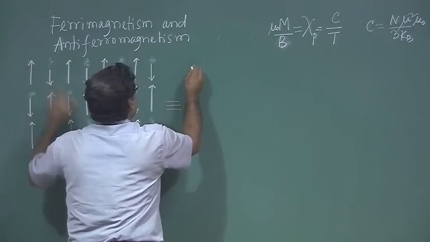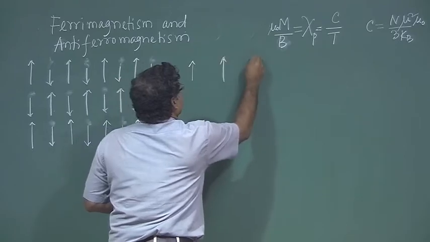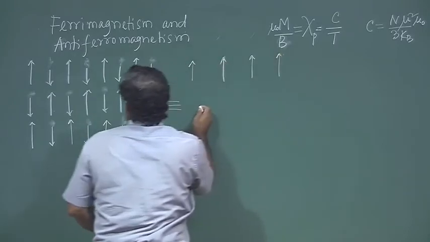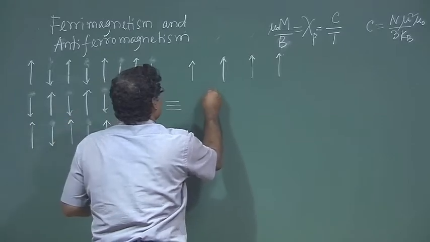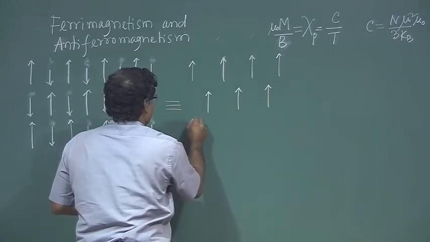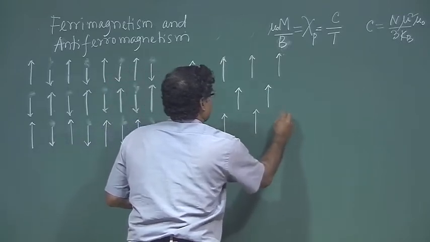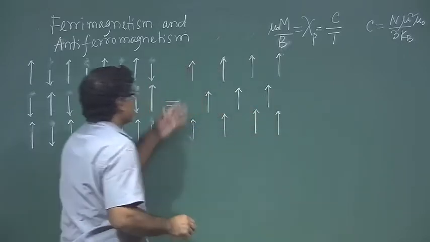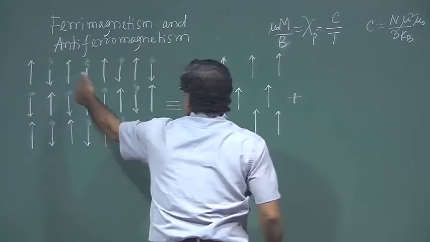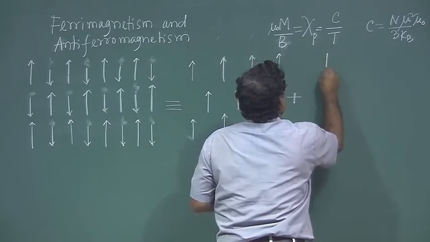One sublattice is for parallel spin, plus another sublattice for antiparallel, for down spin.